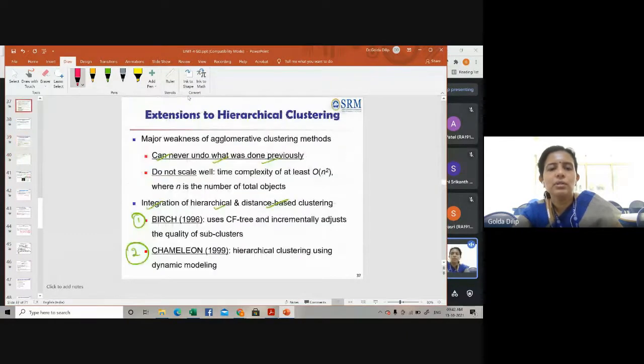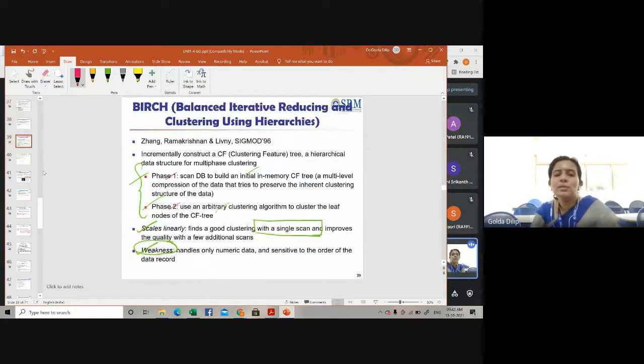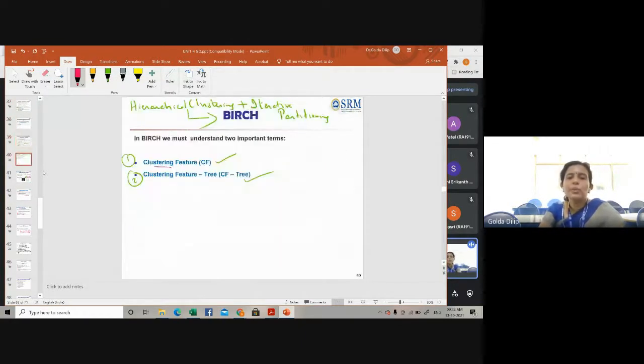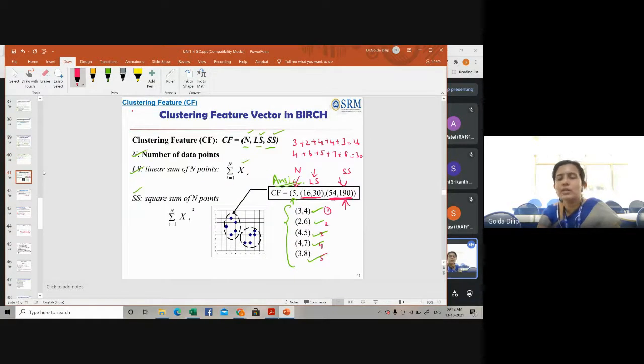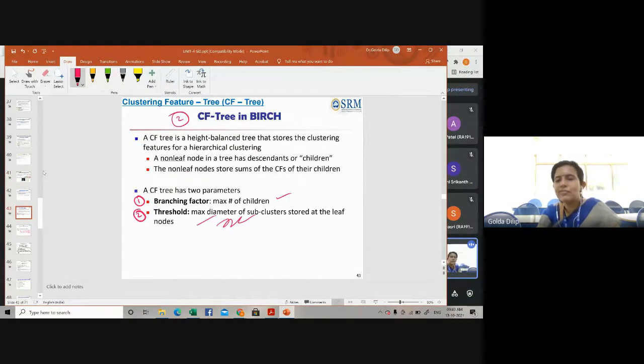This is one of the important integration techniques, a hybrid technique, which combines hierarchical and distance-based clustering. So how Birch does it: the two important terminologies associated with it are the clustering feature vector, which I told you about, and what the CF tree is all about, with its two parameters.